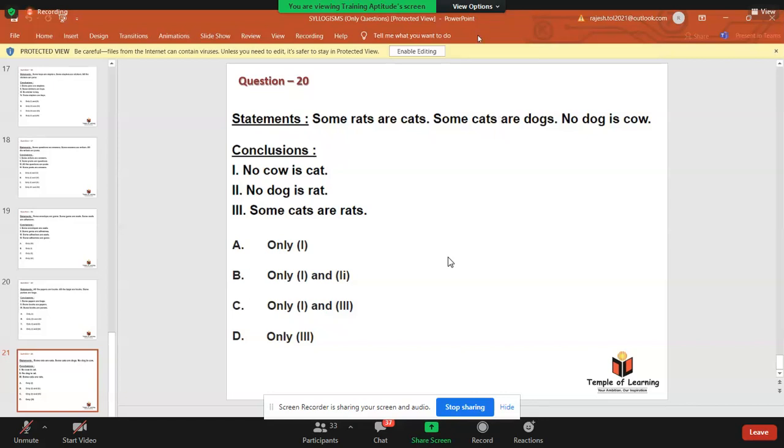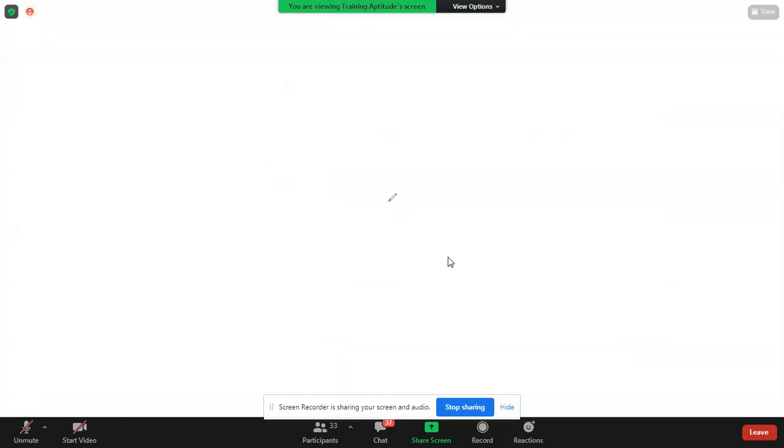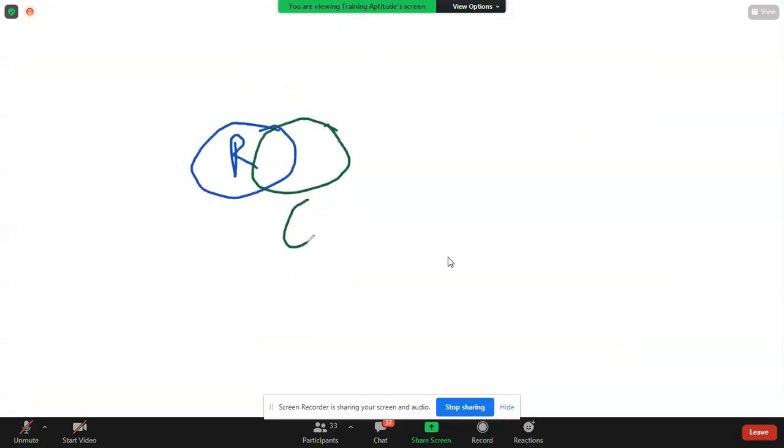Let me draw the diagram. The question says some rats are cats, and some cats are dogs. No dog is cow. I can have cow here.